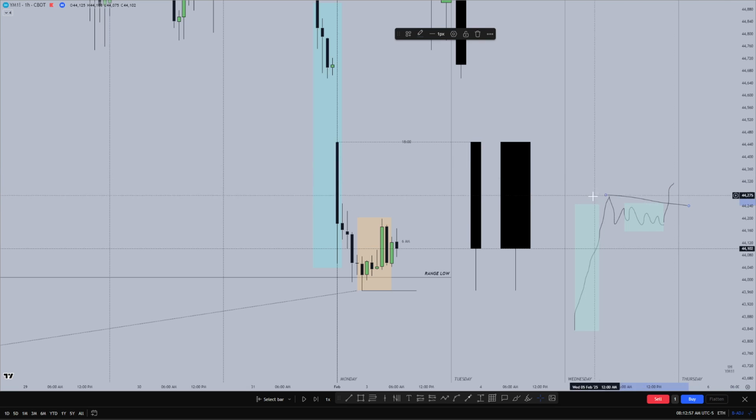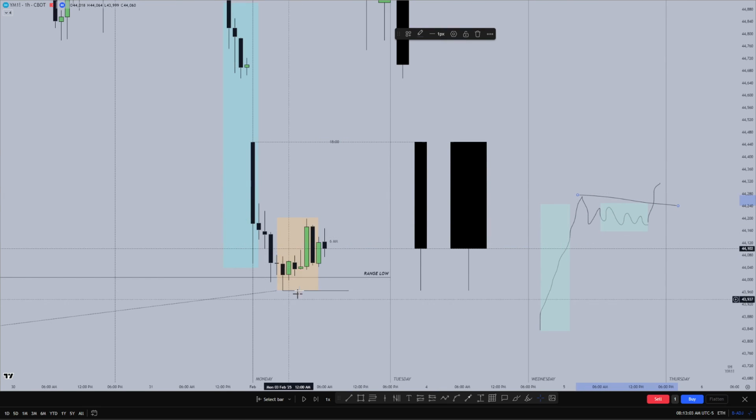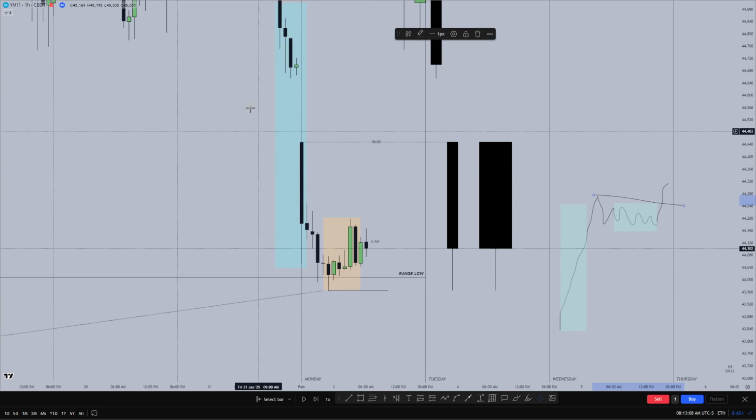It needs to give one more expansion leg higher to the consolidation high if it is going higher, and vice versa. It needs to give at least one more expansion till the consolidation low if it's going lower. So I framed my bias, my draw using these concepts. First step of my model is done.